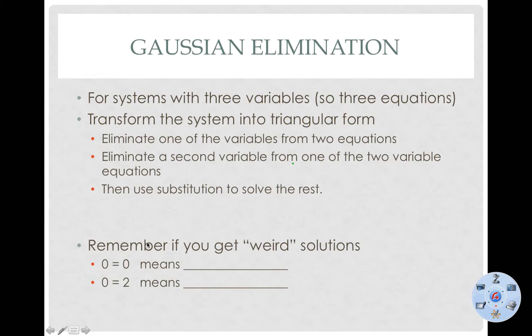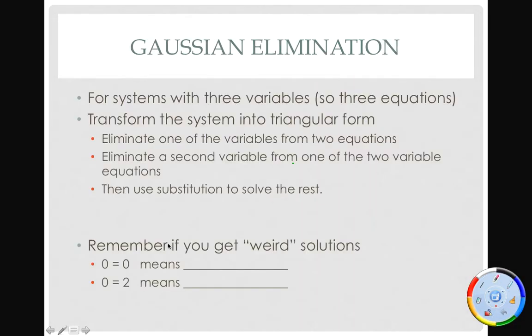If you get 0 equals 0 or 7 equals 7 or anything like that, that means infinitely many solutions, or all solutions, really. And if you get things like 0 equals 2 or 6 equals 7, that means no solution.